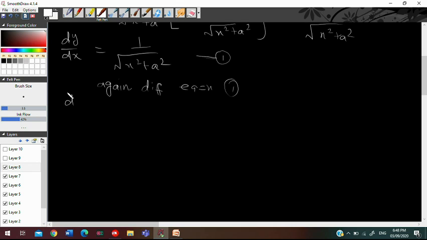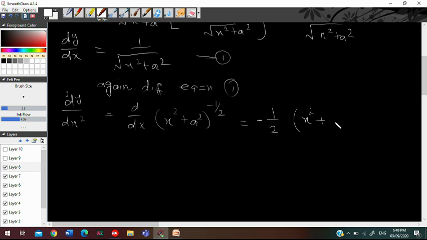So d square y by dx square is equal to d by dx of (x square plus a square) to the power minus 1 by 2. When you apply differentiation, bring minus 1 by 2 here, then (x square plus a square) to the power minus 1 by 2 minus 1, and then the derivative of the inner function.